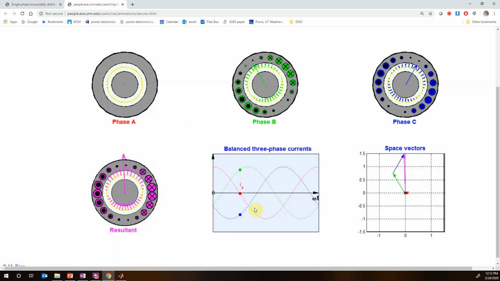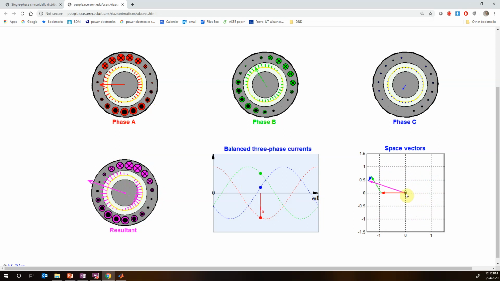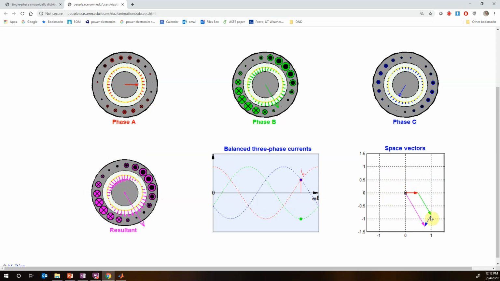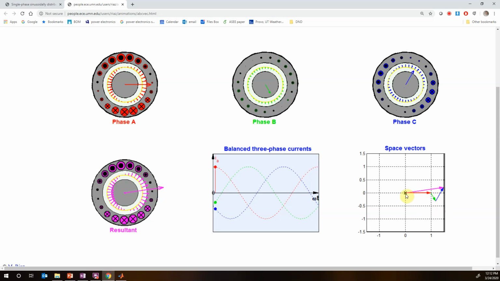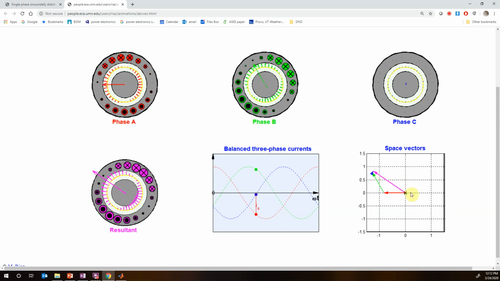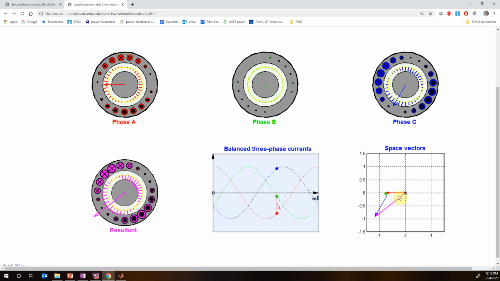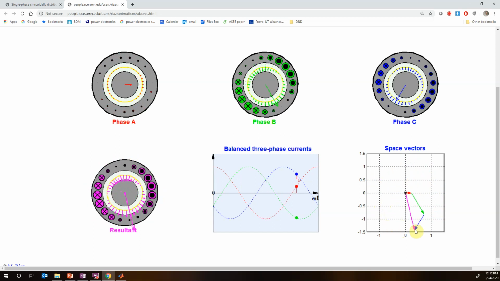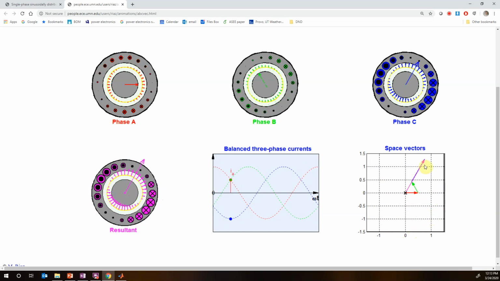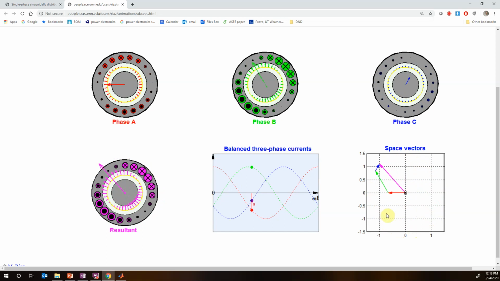You can see as my red goes down and up, its length gets longer, the green one's changing length, and the blue one's changing length. We take these three and add them together to get my total magnetic flux. What we see is that the total magnetic flux has the same amplitude, and it's just rotating around.